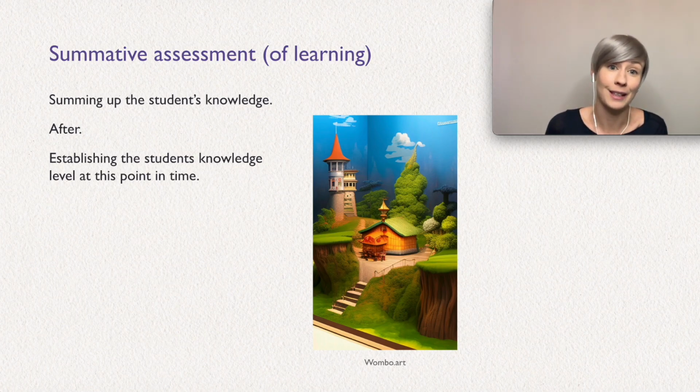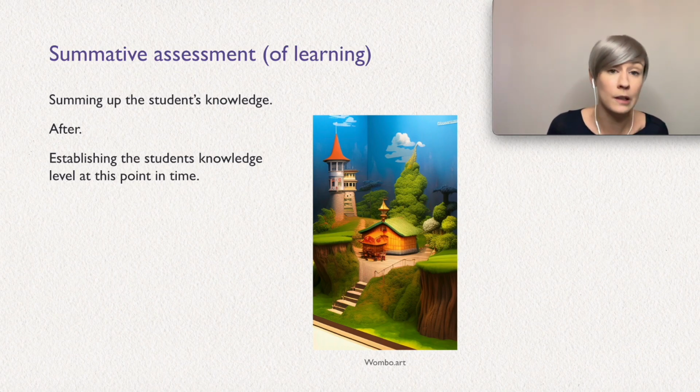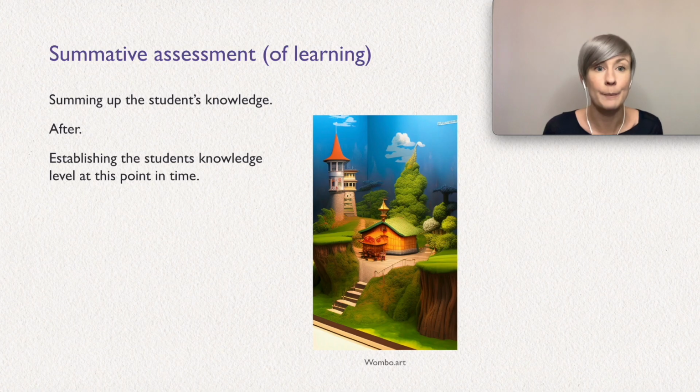So the classic example is a written exam at the end of a course marked by a teacher, but it could also be that the teacher set and mark coursework portfolios or externally set and marked exams. So this is about establishing the student's knowledge level at this point in time.